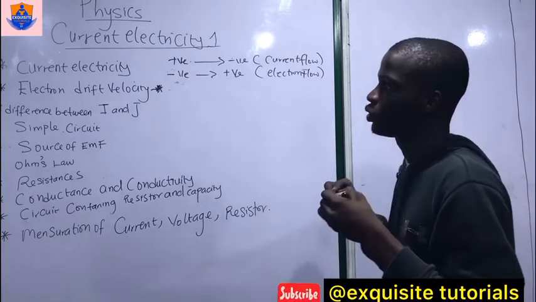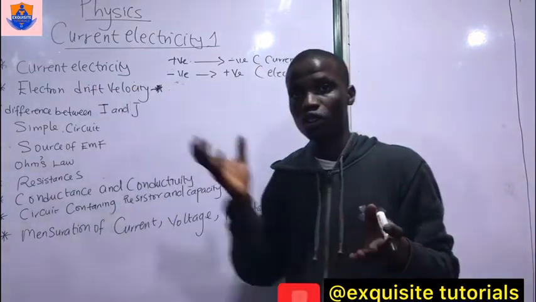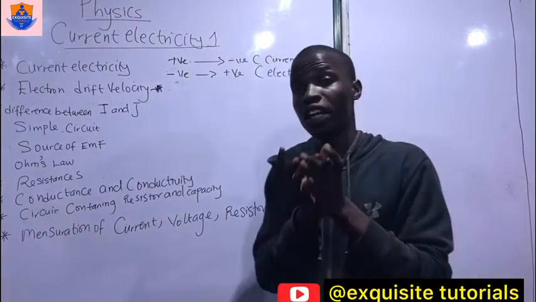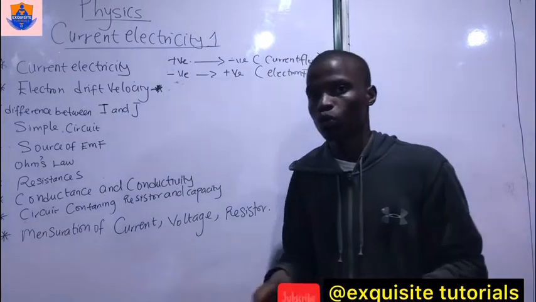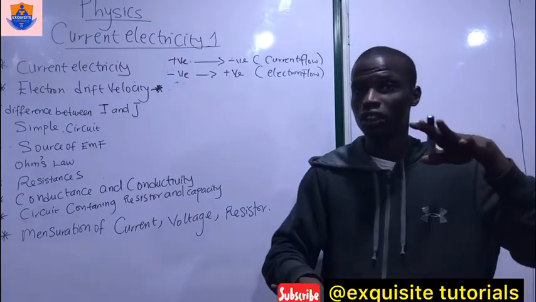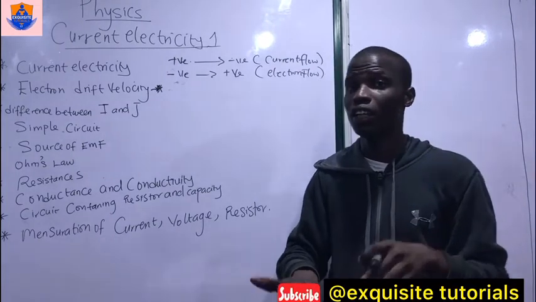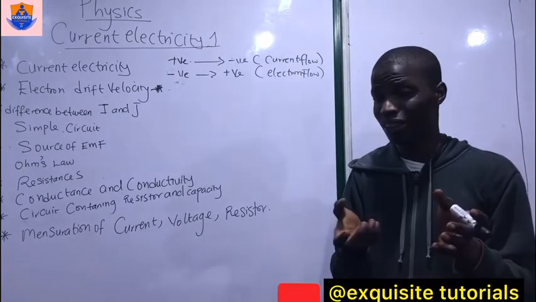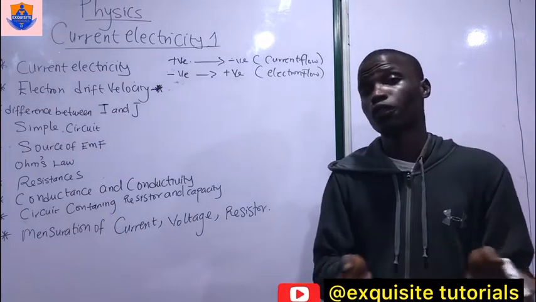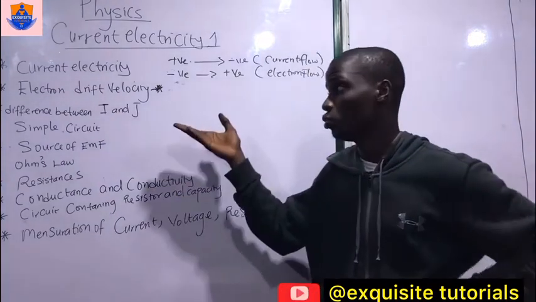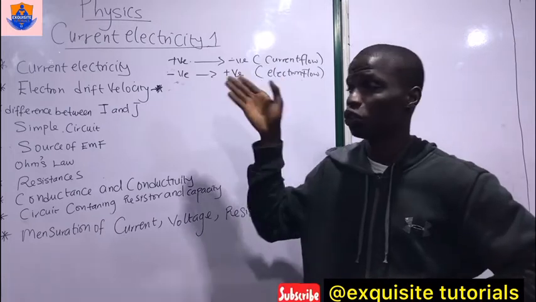So now, the electron drift velocity is the average velocity which a charged particle uses in driving through a conductor. The velocity with which the charged body flows through the conductor is called the electron drift velocity.